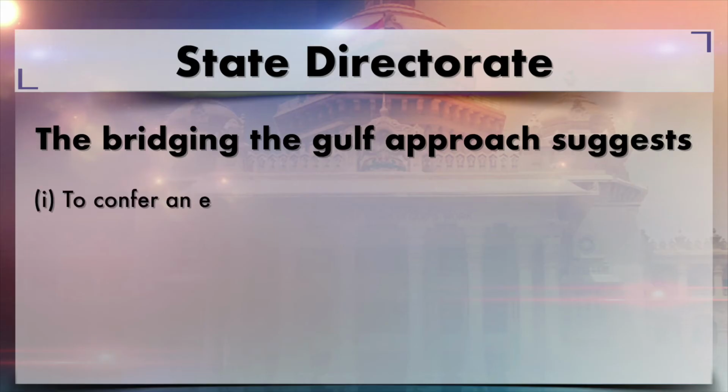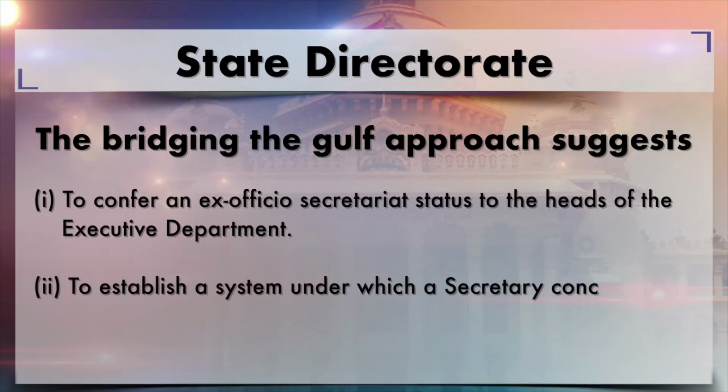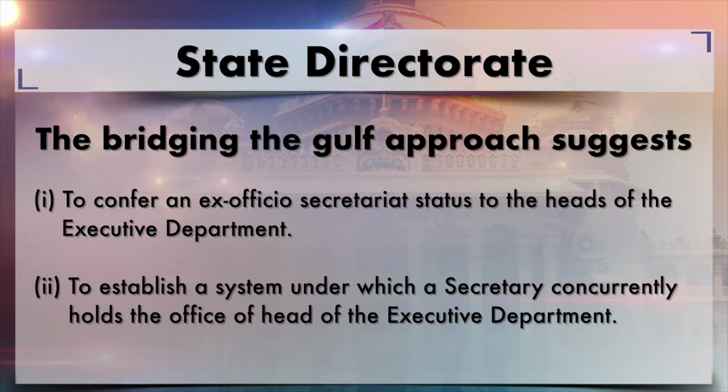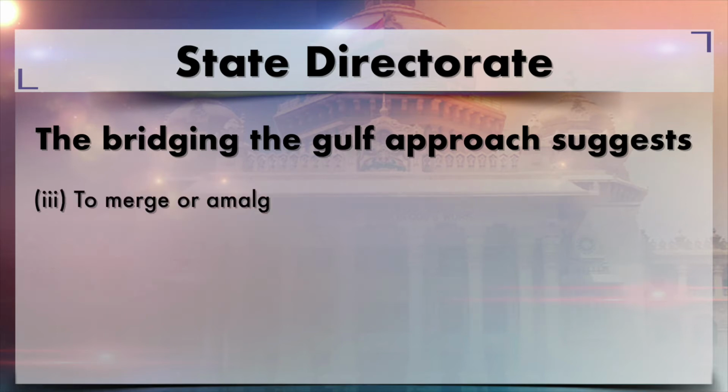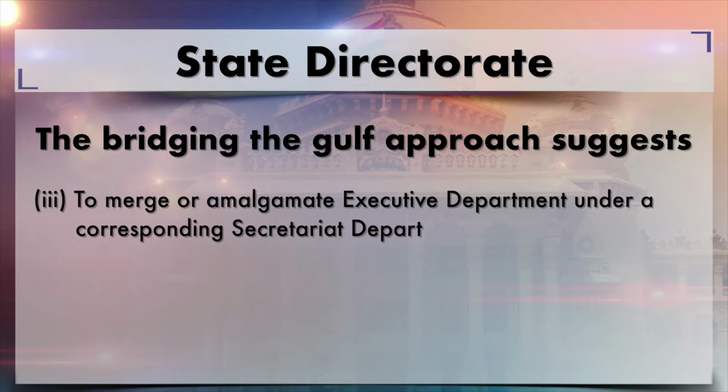It suggests, number one, to confer an ex officio secretariat status to the heads of the executive department, or number two, to establish a system under which a secretary concurrently holds the office of head of the executive department, or number three, to merge or amalgamate executive department under a corresponding secretariat department, or a variant of it.